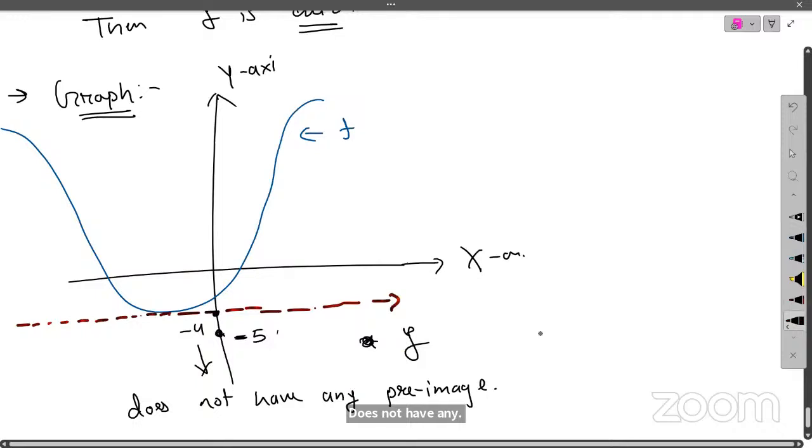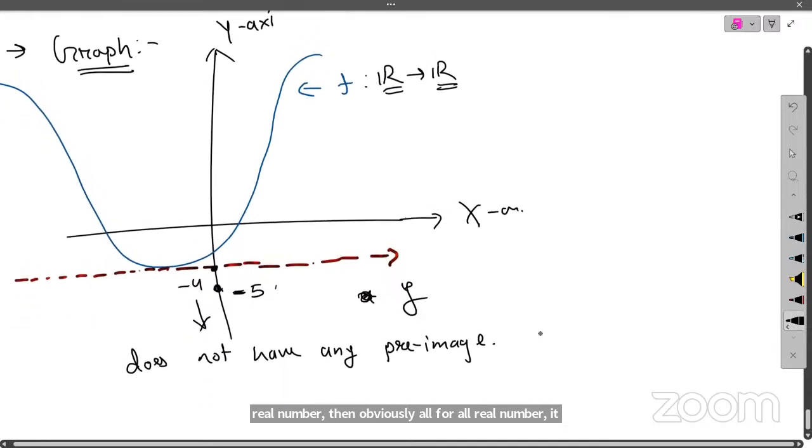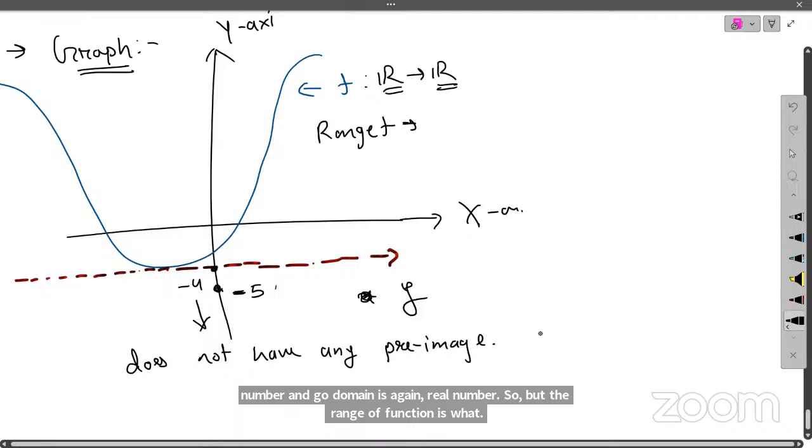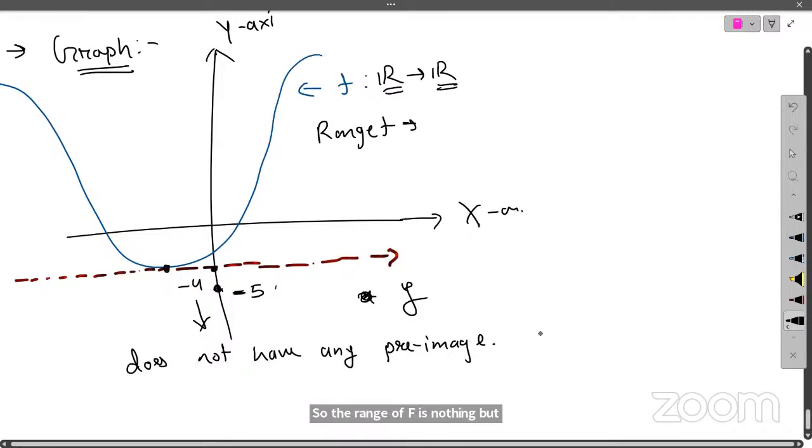So if I say that this is my function from real numbers to real numbers, then obviously for all real numbers it is taking some value. So that's why the domain is the real numbers and the codomain is again the real numbers. But what is the range of the function? Suppose I am assuming that this -4 is attained. For -4 there is some -2 here. So the range of f is the closed interval -4 to infinity, right?